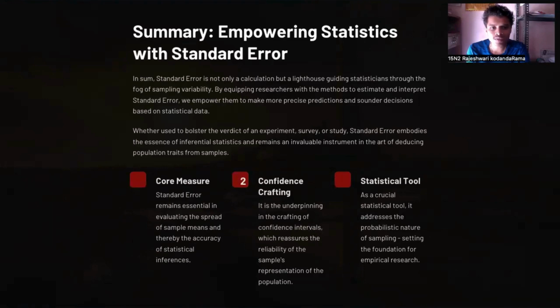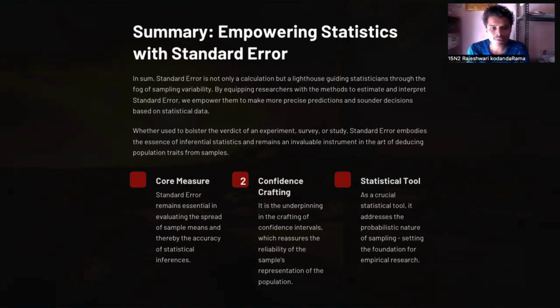Whether used to bolster the validity of an experiment, survey, or study, standard error embodies the essence of inferential statistics and remains an invaluable instrument in the art of deducing population traits from samples.